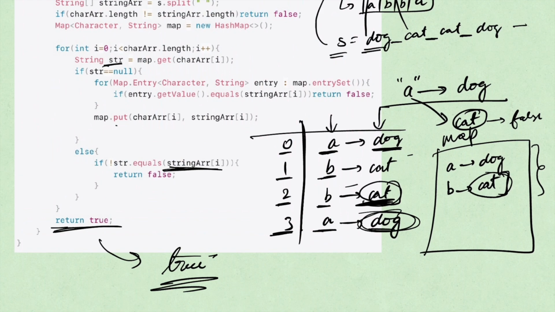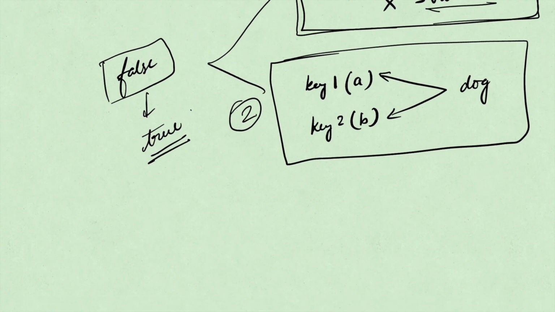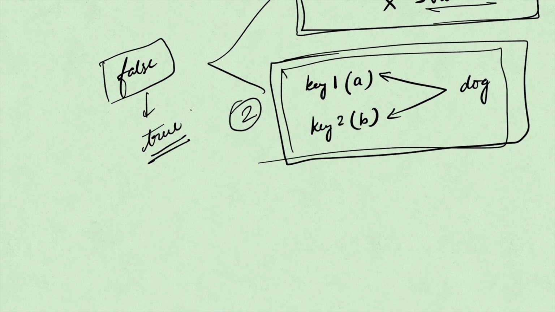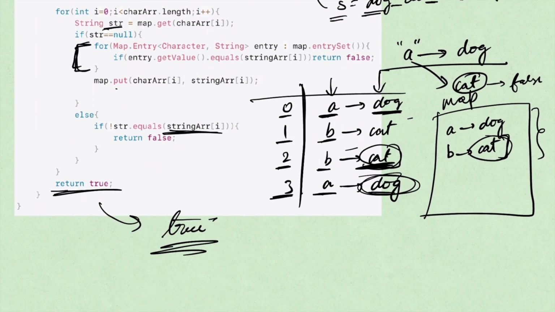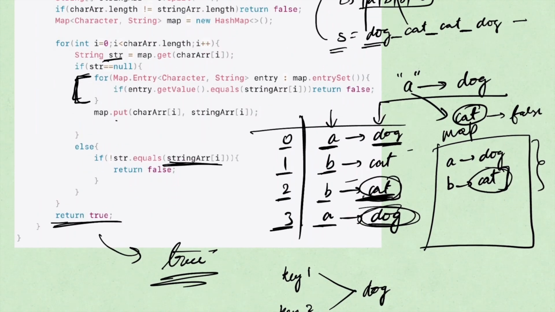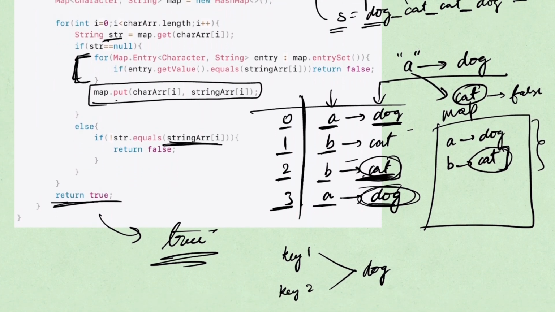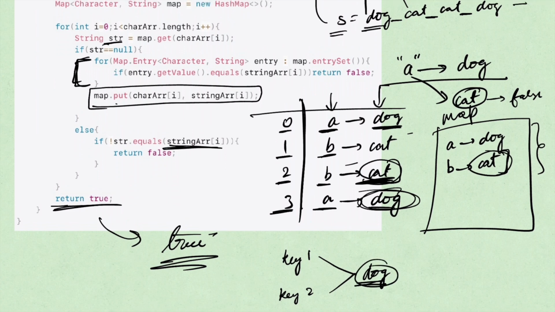Now, as I was saying, I will discuss this in the later section where we'll be handling the second constraint, right? So what was the second constraint? It was that two keys cannot be mapped to a single value, right? So when we try to put an entry into the map, before that we have to check whether that particular value is mapped to another key or not, right?